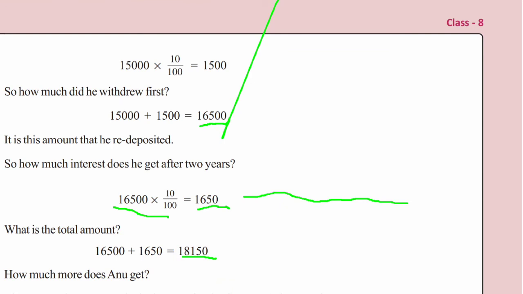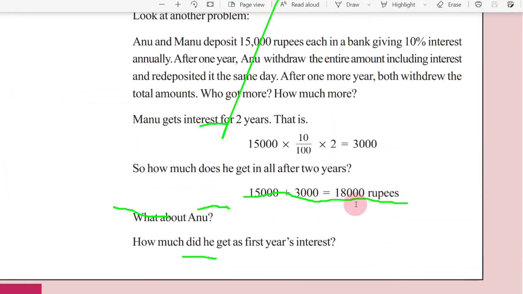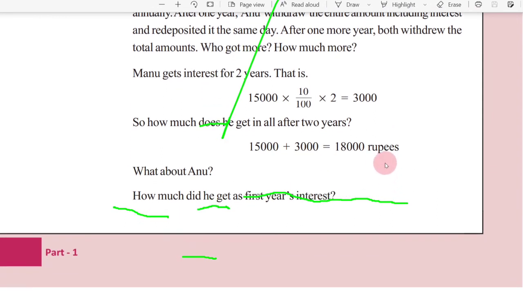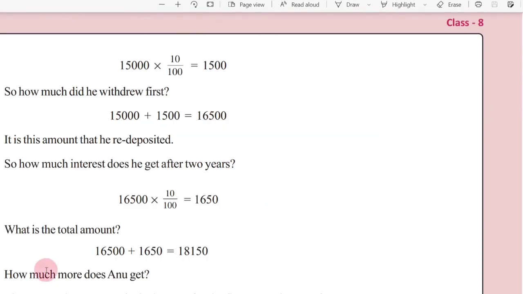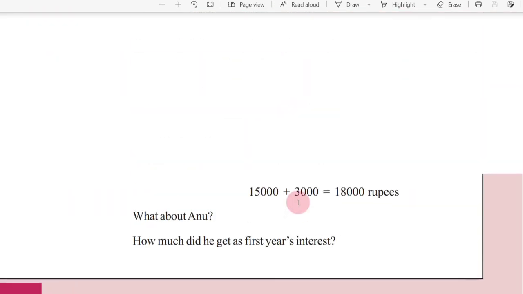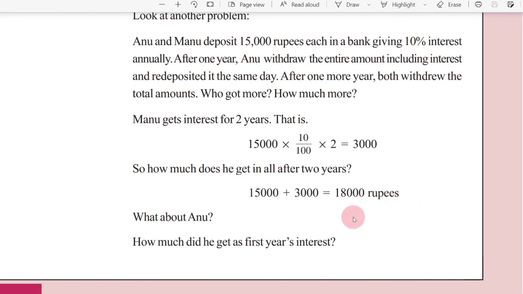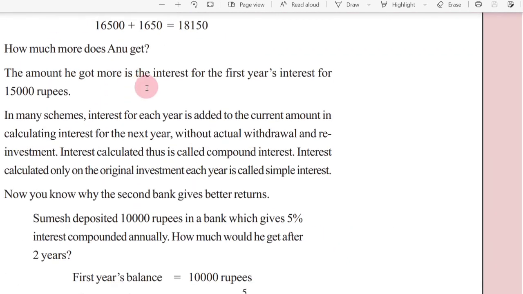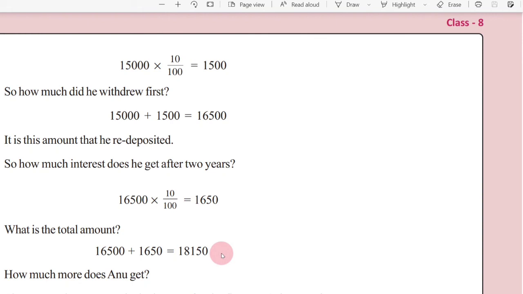Anu got 18,150 after 2 years, but Manu got only 18,000 rupees. So what is the difference between the two? Manu got only 18,000 rupees, but Anu got 18,150 rupees.